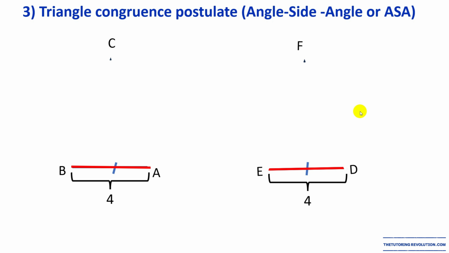Okay? Now we are going to try to make sense of this postulate, angle side angle, to see if it makes sense that it's always going to be true. For that purpose, we have two segments here, BA and ED, which are congruent, both measuring 4.